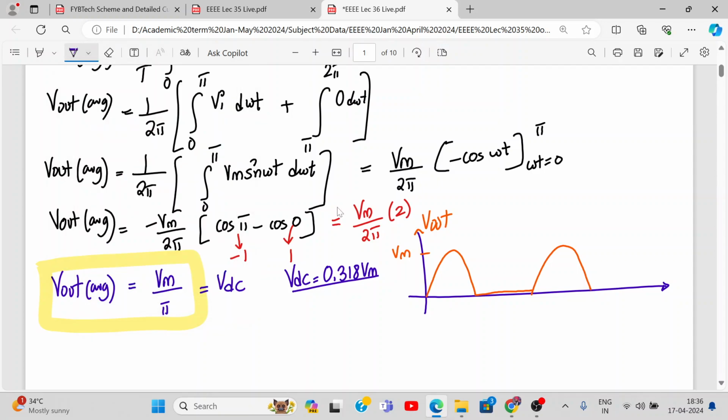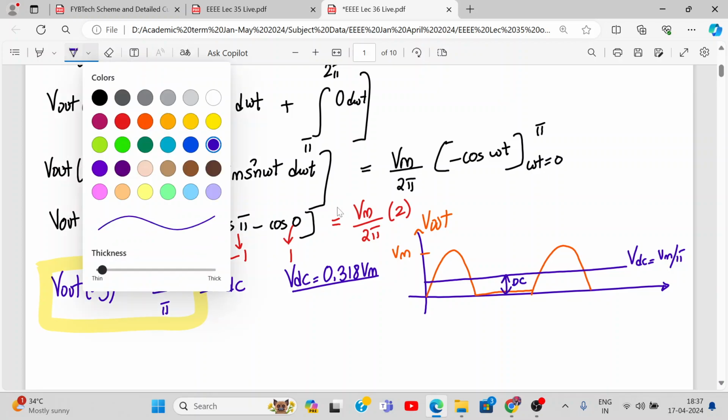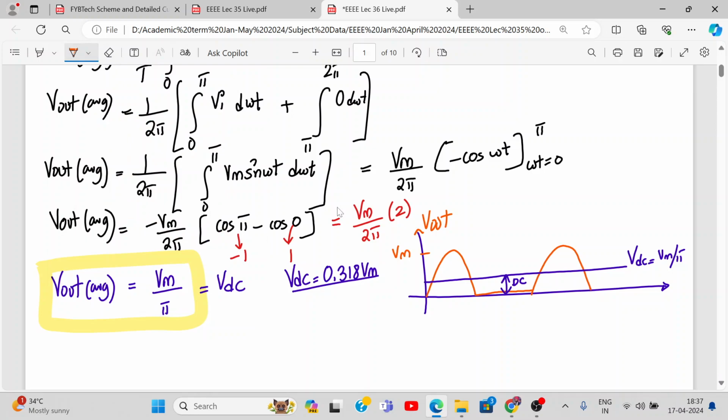The average value of this is somewhere around here, VDC, which is Vm by pi. This is the DC component. And what is the AC component? Can you tell me in the waveform? This is AC, this is DC, V out DC, right?